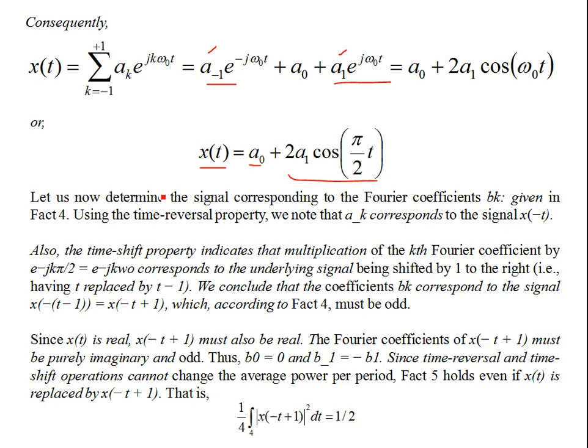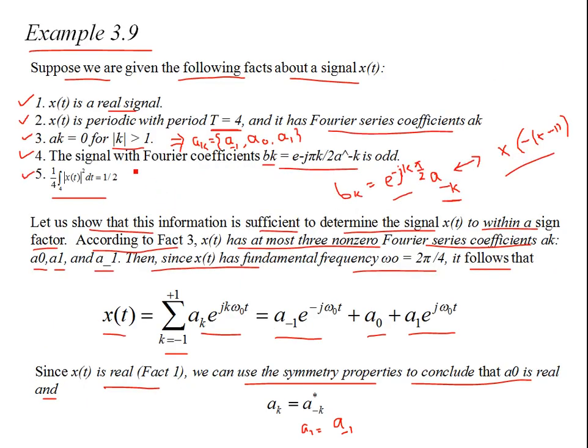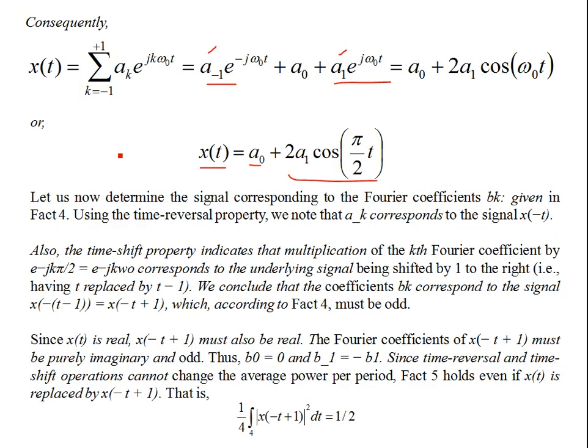Now, let's use facts 4 and 5, that the signal with Fourier coefficients which is shifted is odd. So let us now determine the signal corresponding to the Fourier coefficients b_k given in fact 4. Using the time reversal property, we know that a_{-k} corresponds to the signal x(-t).